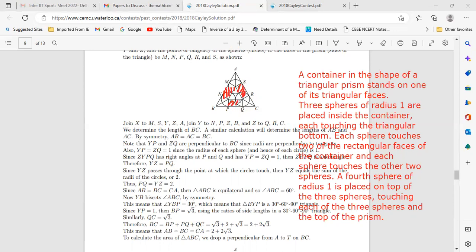Can you follow, Shanna? Yeah. So if you take this sphere, it touches this rectangle and this rectangle. A 4th sphere of radius 1 is placed on top of the 3, touching each of the 3 spheres on the top of the prism.